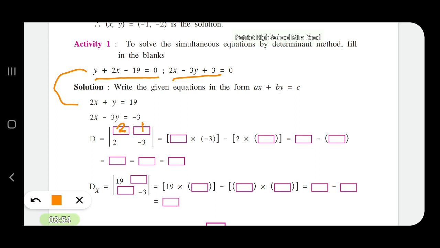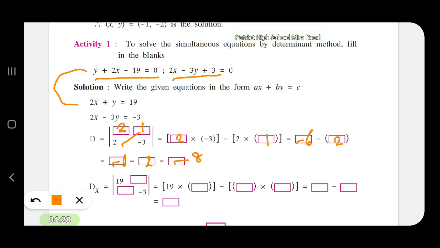Cross multiplying, we have 2 into minus 3 and here minus, and into the bracket we have the product of these two, 2 and 1. So we have minus 6 minus 2, and minus 6 and minus 2 will give you minus 8.